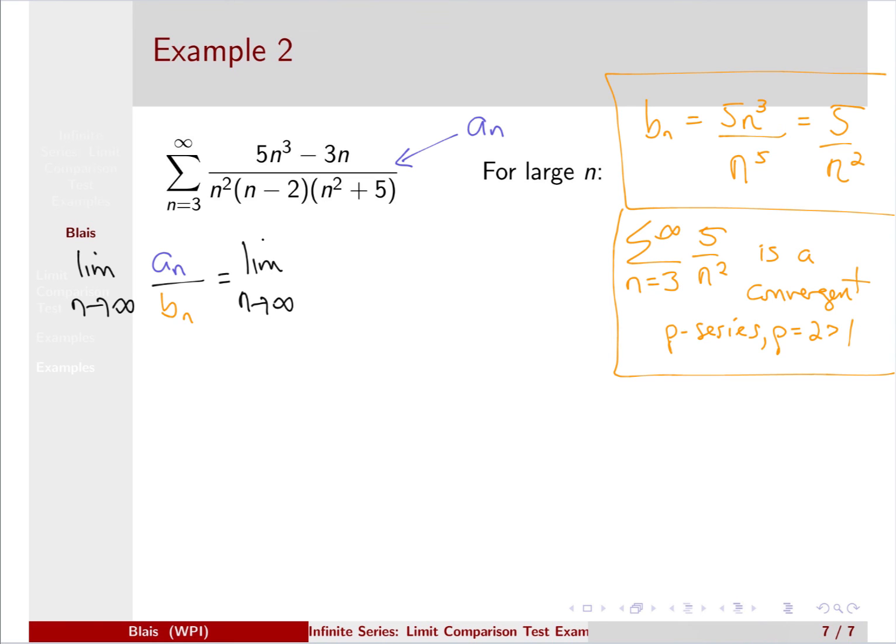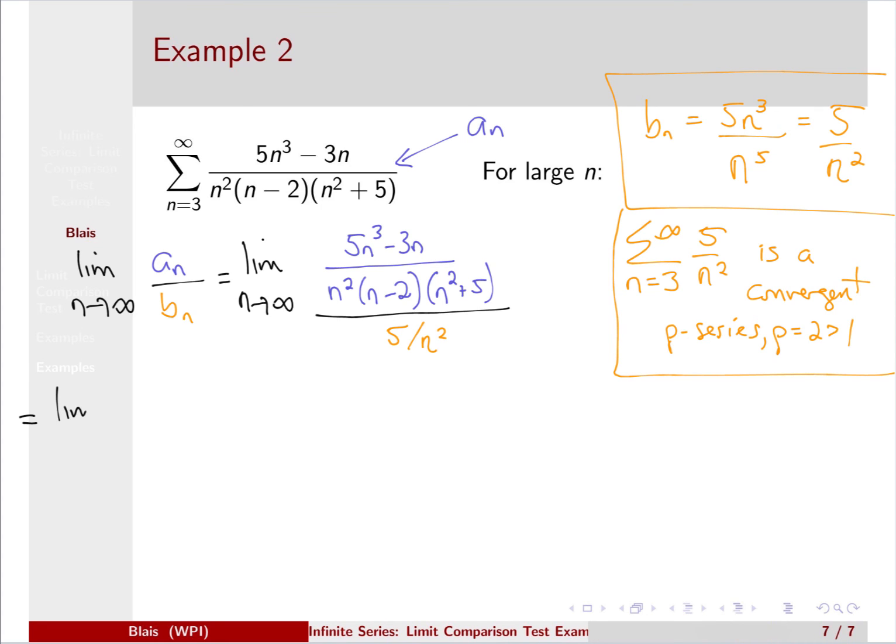Our a sub n's, we have 5n cubed minus 3n divided by n squared times quantity n minus 2 times the quantity n squared plus 5. And we're dividing by the bn's, which is 5 over n squared.